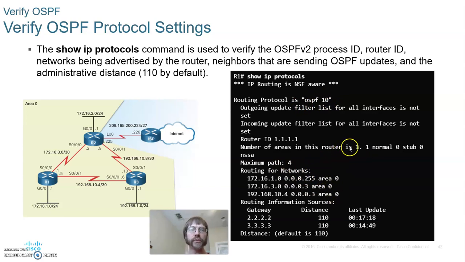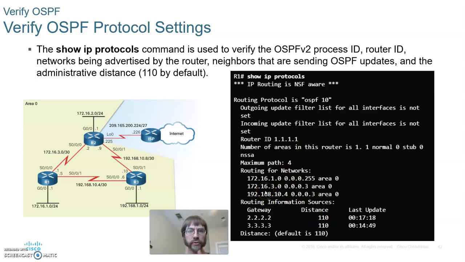You'll see how many areas it's in. For a single area OSPF, this should be 1. You'll see the routing information sources, their distance and the last time they were updated. If, for example, one of these has been modified so it has a non-standard distance, it'll show up here. This is another good place to check.